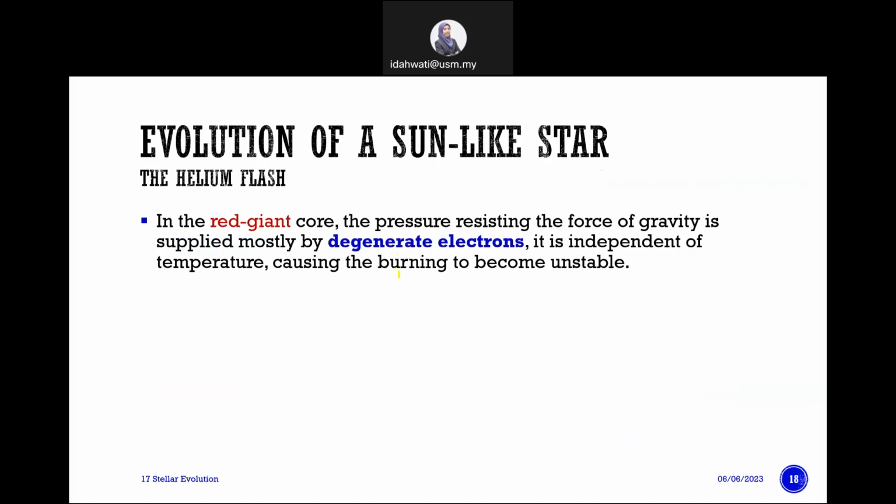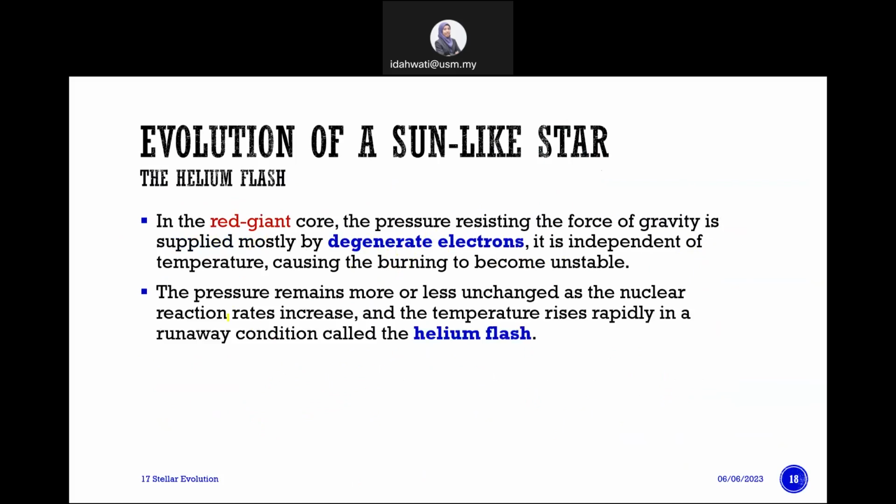Continuing with the electrons, the pressure that resists the force of gravity is supplied by degenerate electrons, which becomes unstable. The pressure remains more or less unchanged as the nuclear reaction rate increases and the temperature rises.